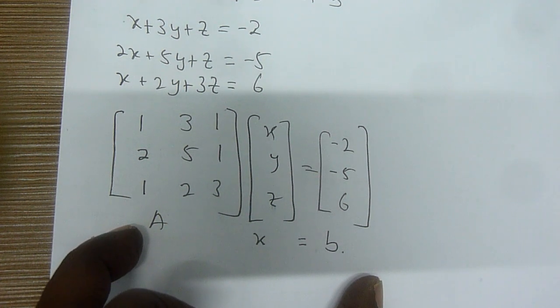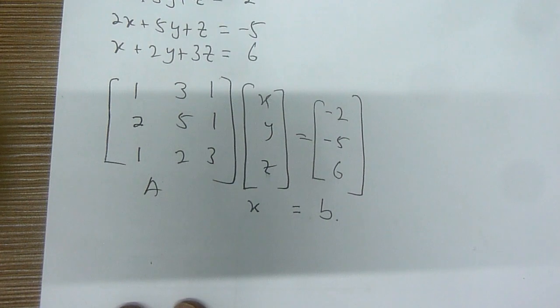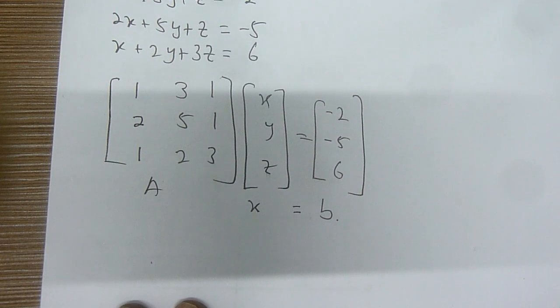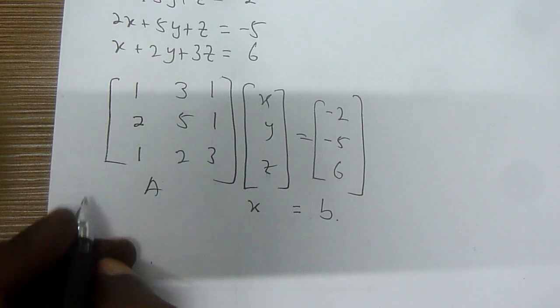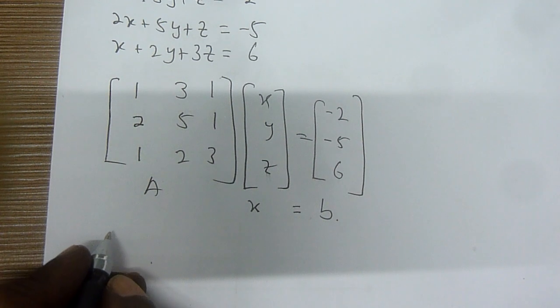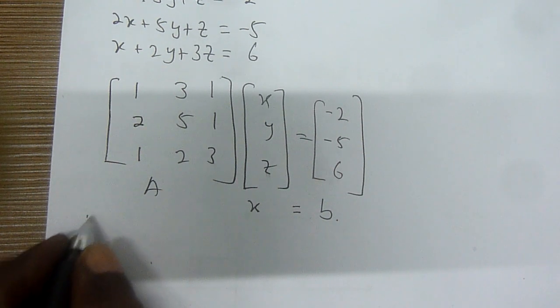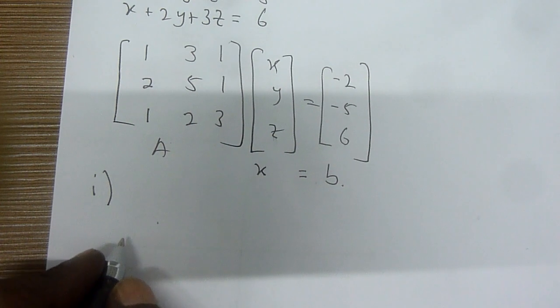Now, in order to solve this, there are various methods introduced in matrices, and we're going to see a few. One of the simplest methods is what we call the inverse method, which we have done before.